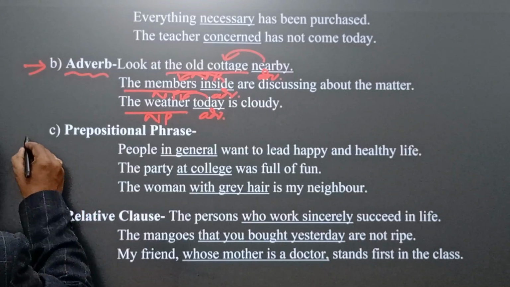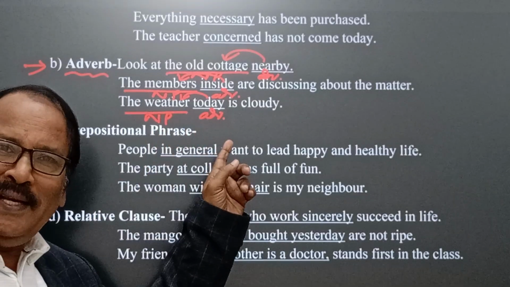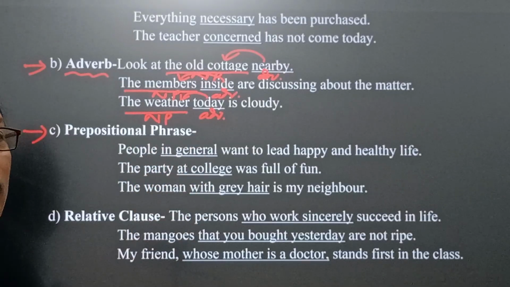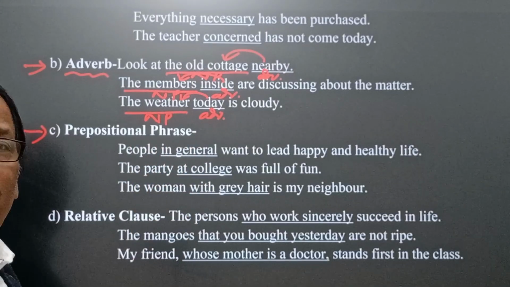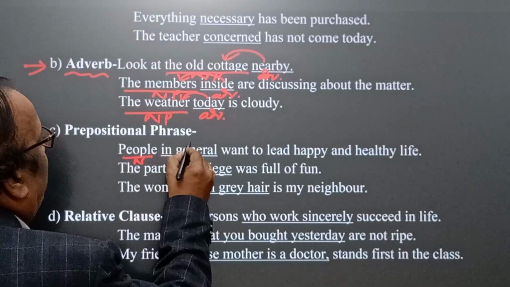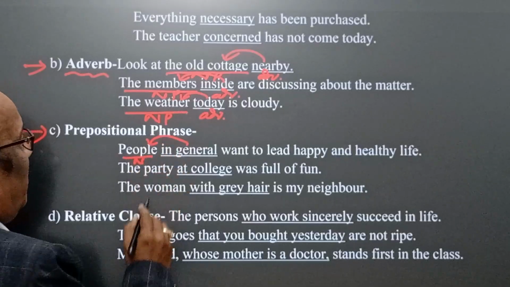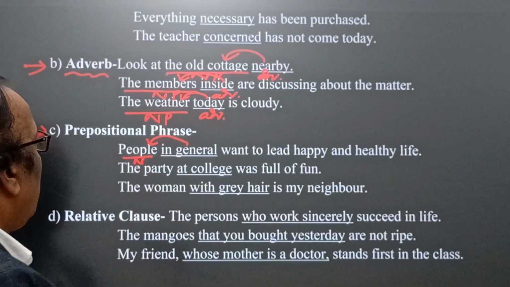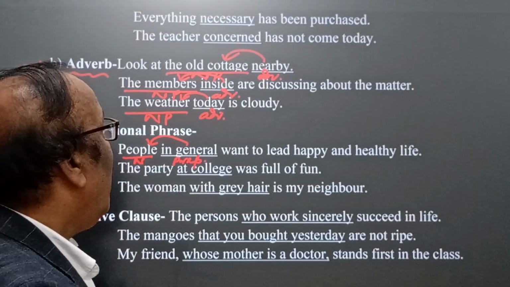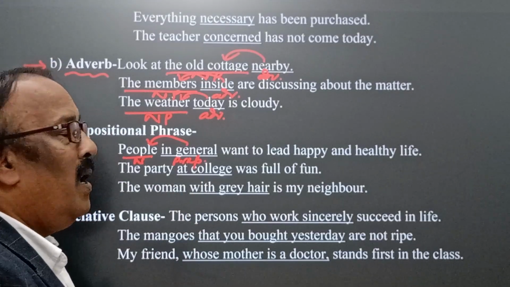Prepositional phrase. This is another very interesting idea, how a prepositional phrase also does the role of post determiner. Here people is the noun, and in general qualifies people; the prepositional phrase begins with in. People in general want to lead a happy and healthy life.